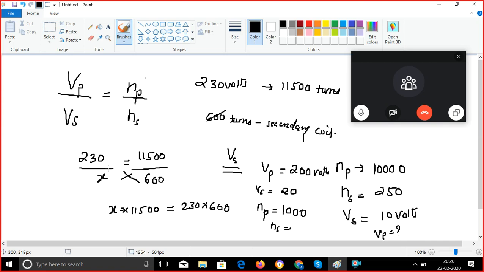You have to calculate number of turns. Sorry, I mean 10 turns. So it's 10, your answer is. I think you need to resolve once again. I think you are doing some mistake.